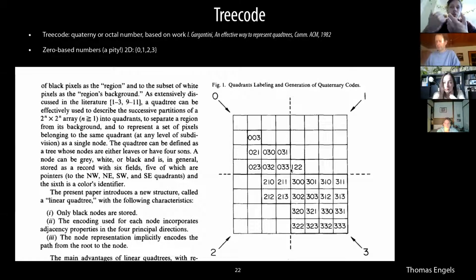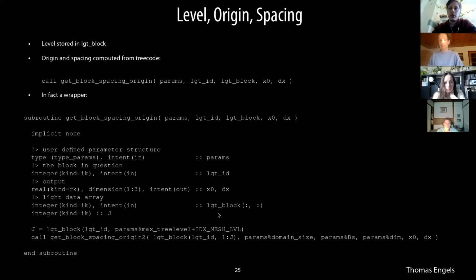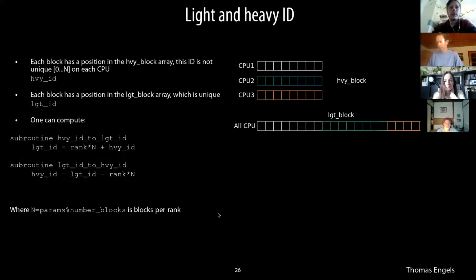From a tree code, you can compute the neighboring tree code, even if it's a complicated one like 0, 3, 3, the neighbor to the right is 1, 2, 2. That's the reason why we want to have these tree codes, because that's obviously used for MPI parallelism. Good, I go back to the slide where I was.